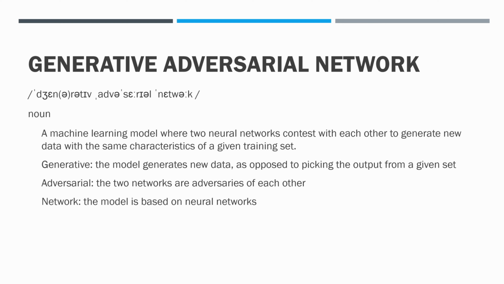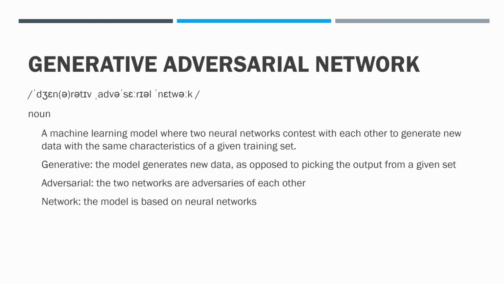Generative adversarial networks, commonly shortened as GANs. GANs are a machine learning model where two neural networks contest with each other to generate new data with the same characteristics of a given training set. We call it generative because this model generates new data as opposed to picking the output from a given training set.